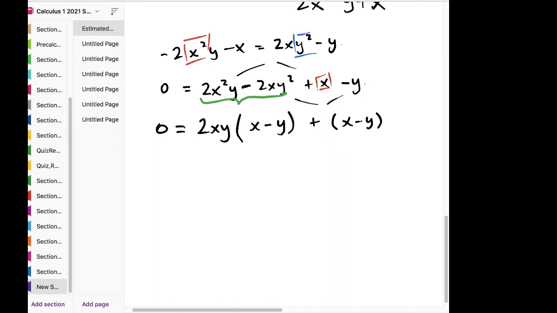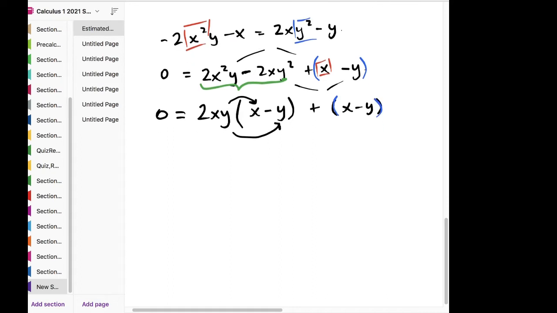Shouldn't it also be where? 2xy squared? That's here, right? This is the 2xy squared. And this is the 2x squared y. And this is grouped this way. And yes, they're both positive.